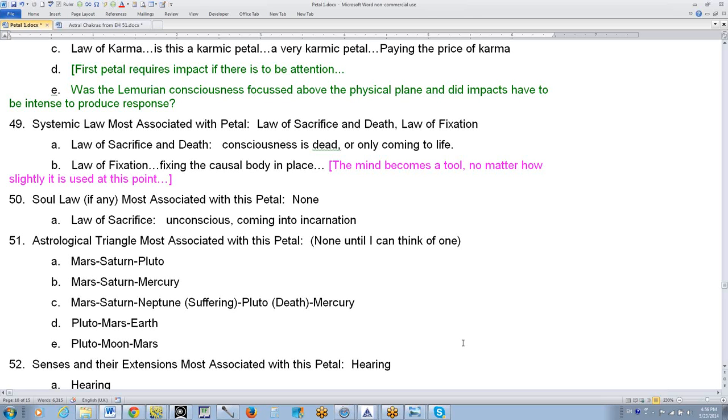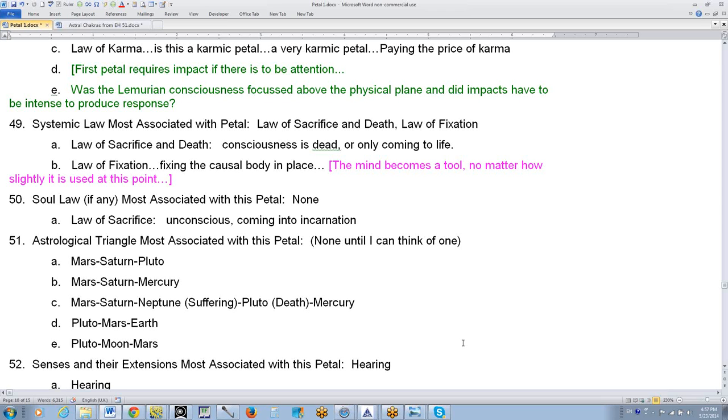Why is Mercury there? Well, Mars is always there. We can combine these in various ways. Pluto, Mars, and the Earth: death, aggression, and material experience. Pluto, Moon, and Mars: death, dense physical vehicle, and primitive aggression.